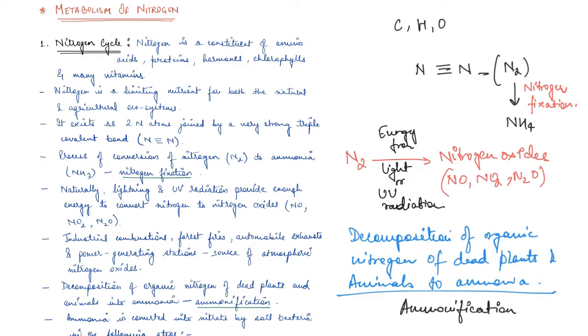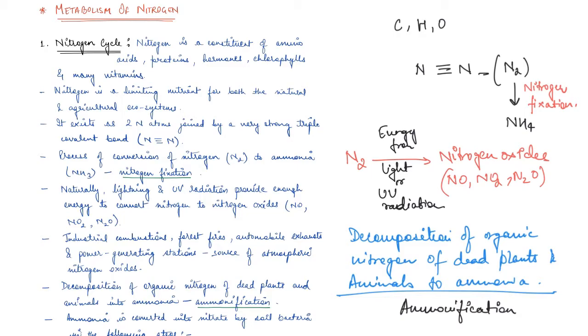So basically, guys, what is happening is that some of this ammonia now volatilizes and it re-enters the atmosphere, but most of it is converted into nitrate by soil bacteria. And what is the process?